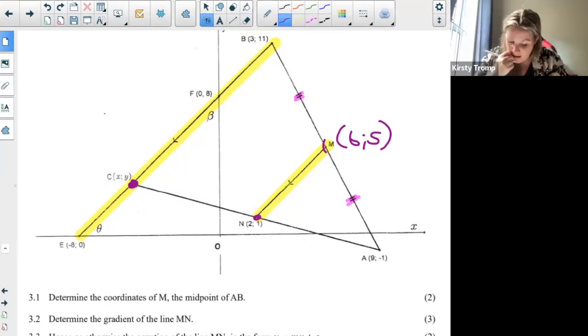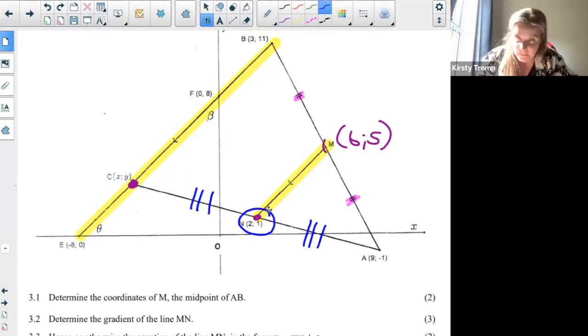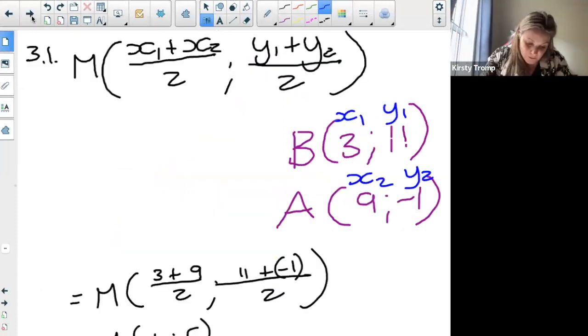They've just told me that N is the midpoint of this line. So it means that 1, 2, 3 is equal to 1, 2, 3. So this is the midpoint. Can I use the opposite of the midpoint theorem? Can I go backwards here? In other words, I would say the following.